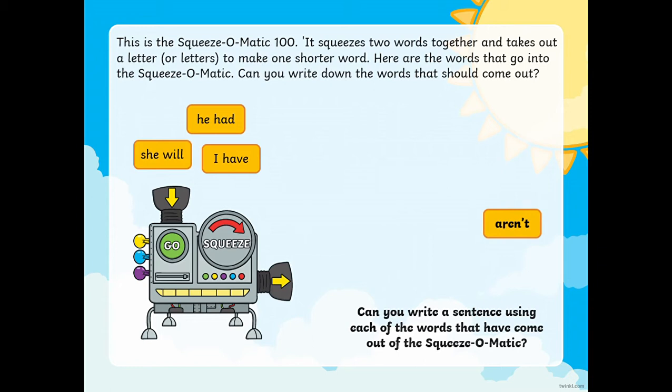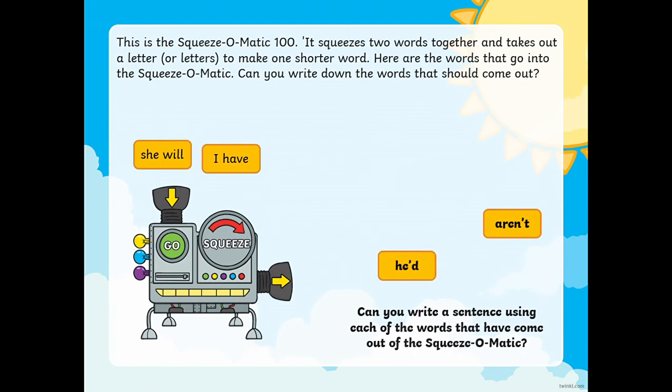Okay, so pause the video and have a think about what the other three will come out as. I'd like you to write the three words down that will come out of the function machine. Off you go. Well done. Let's check whether you got those right. So we had he had, that's going to go in the machine, and when it comes out it will be he'd.